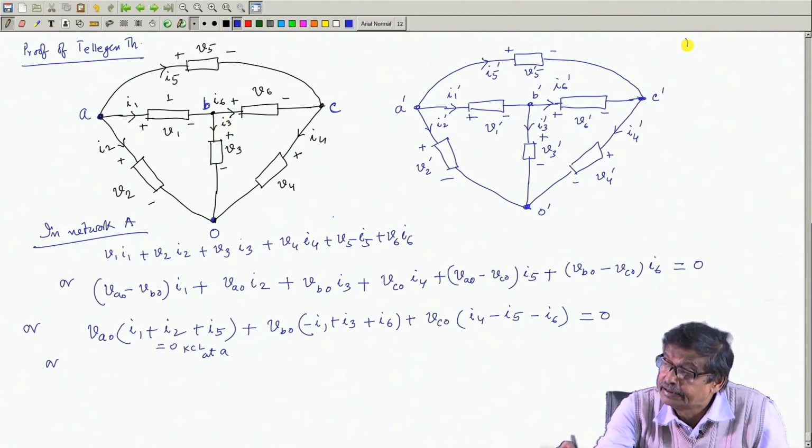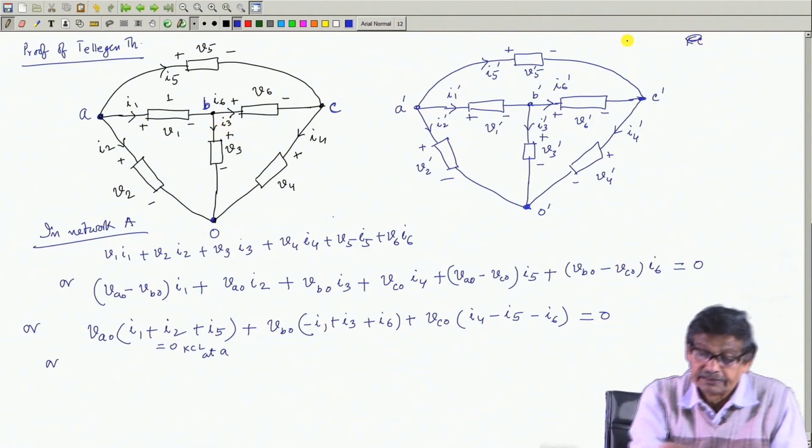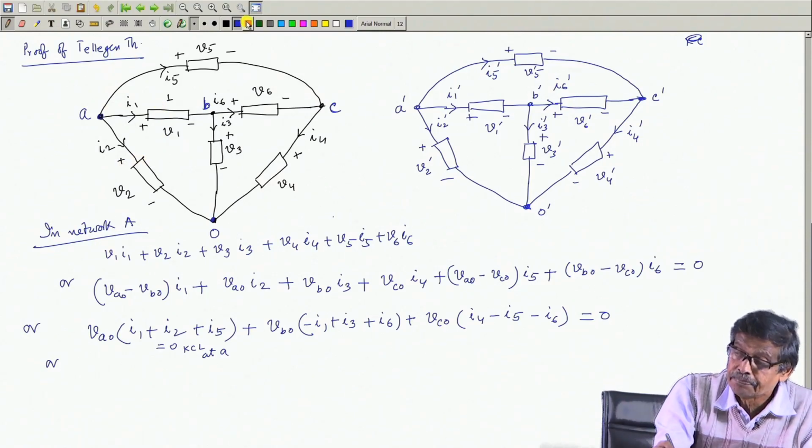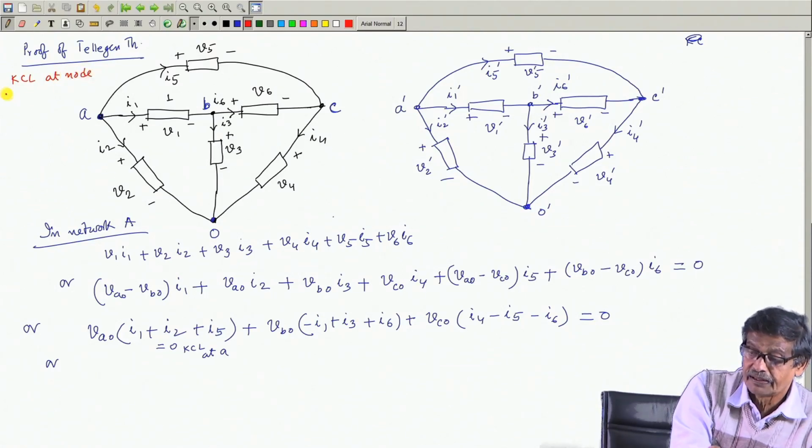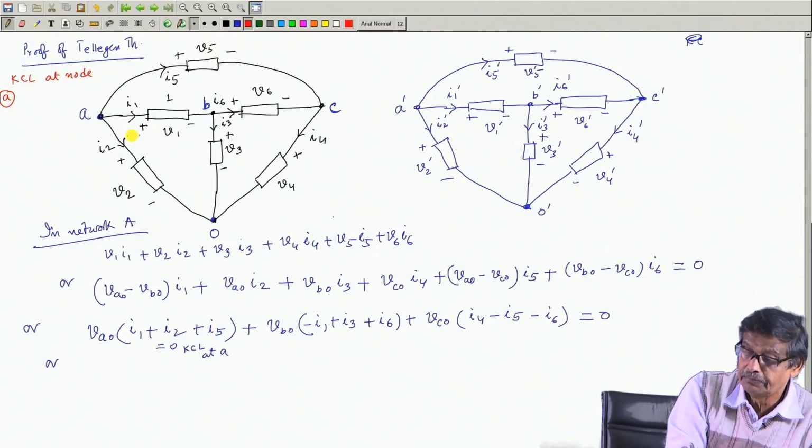So, here I write KCL this side only. KCL at node A, what will it be? All currents are coming out from the node, I 1 plus I 2 plus I 5, this must be equal to 0.